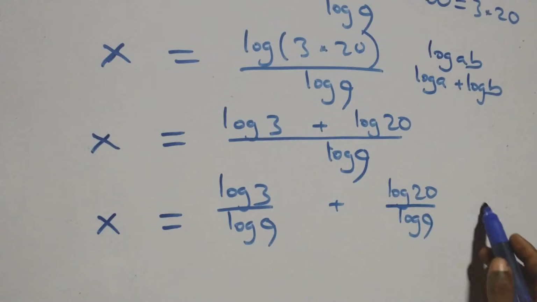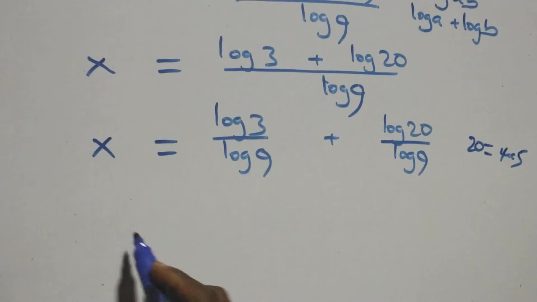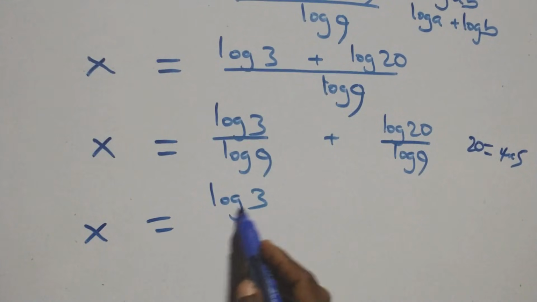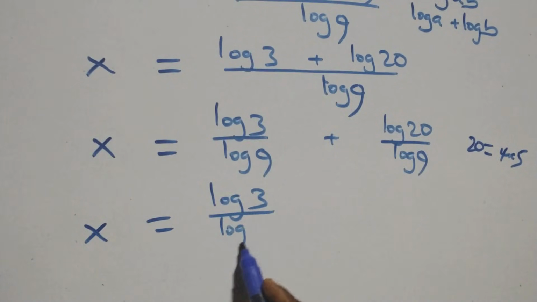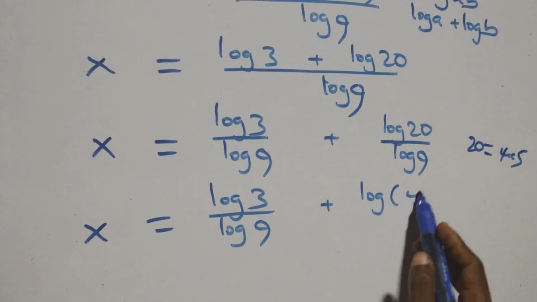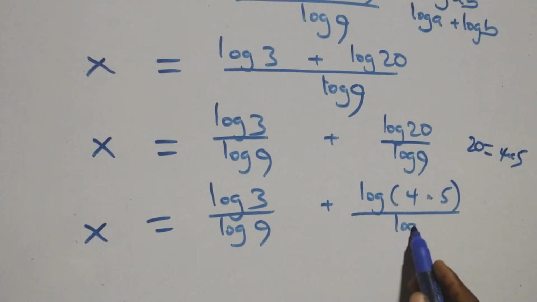Then also here, we can write 20 as 4 times 5, which implies here we have x equals to log 3 over log 9 plus log 4 times 5 over log 9.